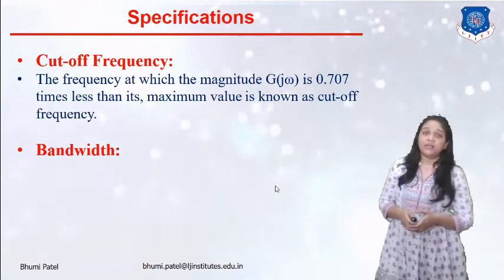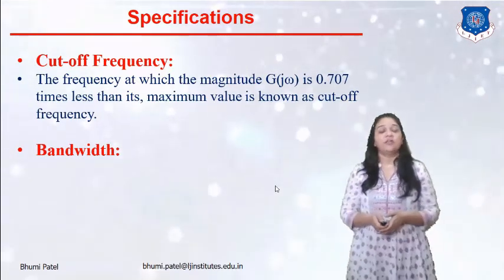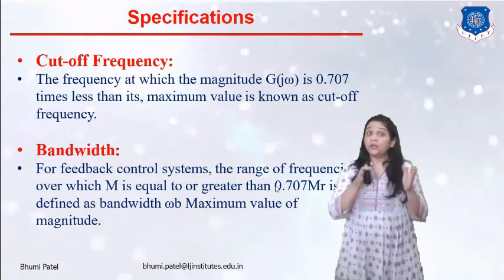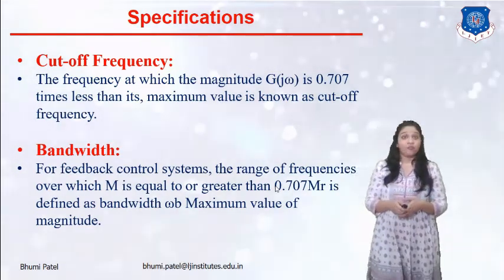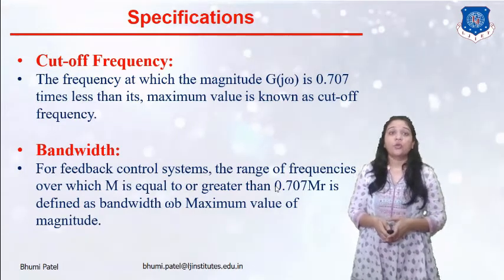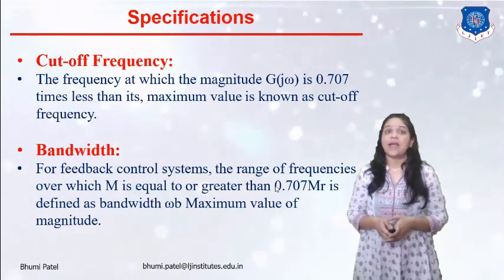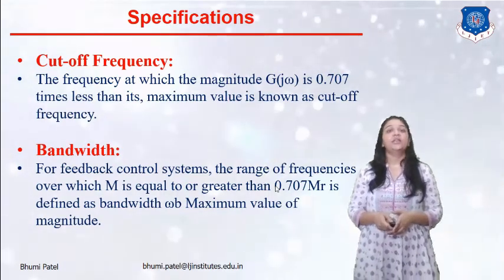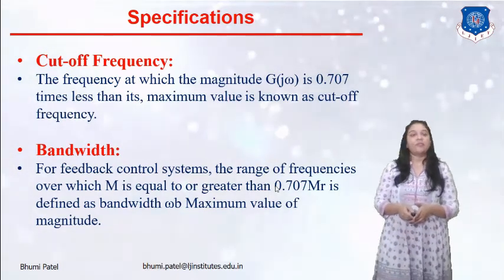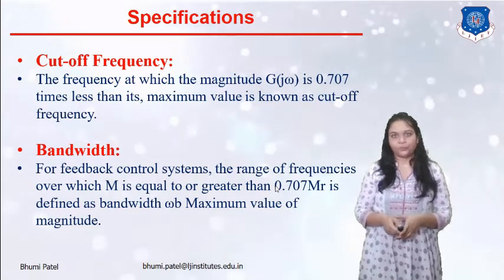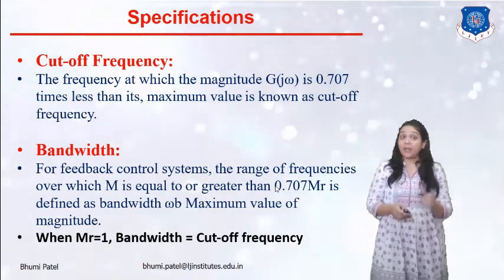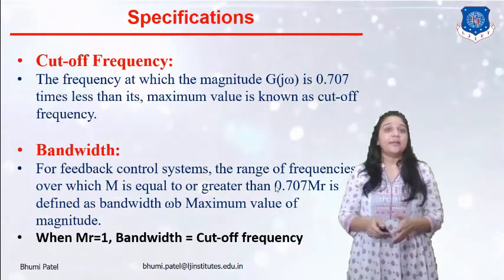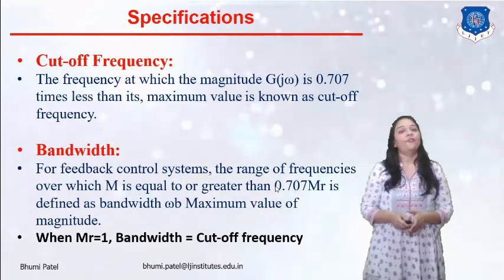For a feedback control system, the range of frequencies over which M is equal to or greater than 0.707 M R is defined as the bandwidth, omega B. Where M R is equal to 1, the bandwidth is equal to the cutoff frequency.